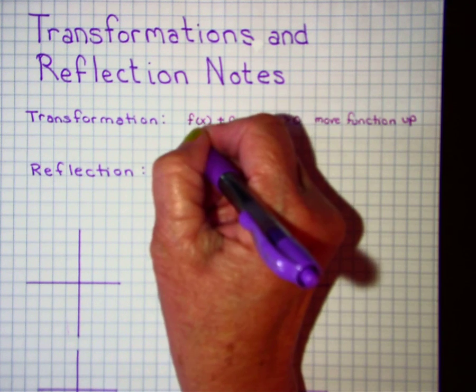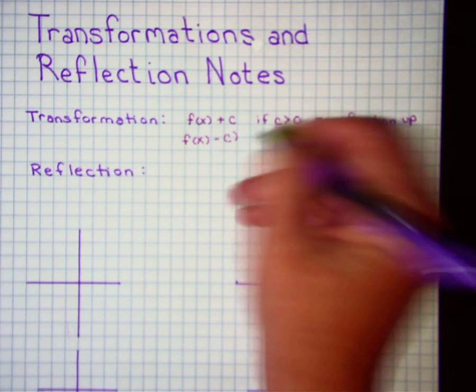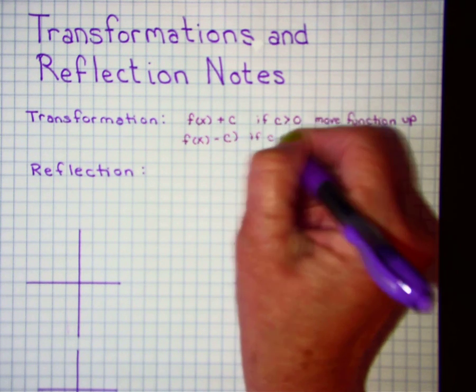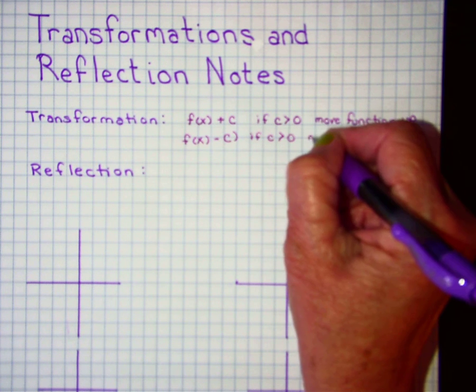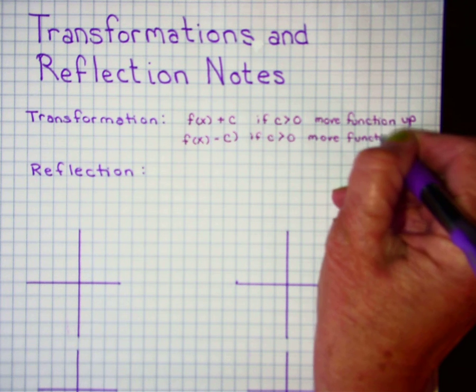Whereas if we take f of x minus c, if c is greater than 0, we'll move the function down.